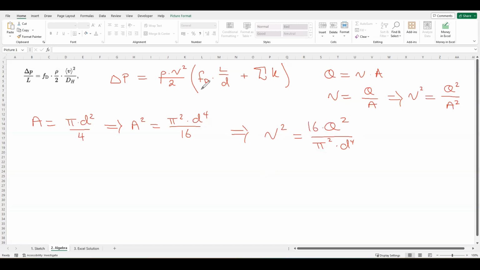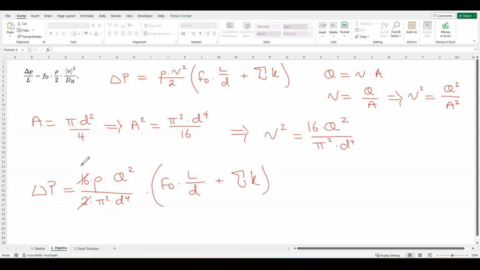So we can substitute this in to this, and essentially what we end up with is rho times q squared, 16 at the front, divided by 2 times pi squared times by d to the power of 4. And then we've got all of that times by FD, LD plus the sum of the K values.